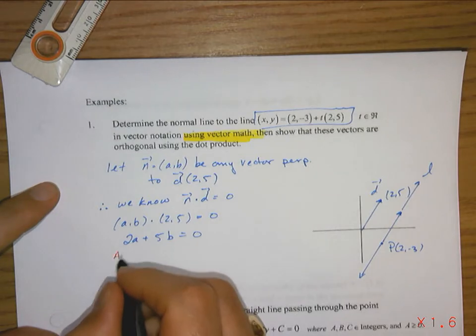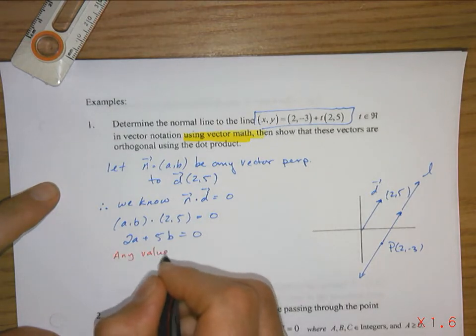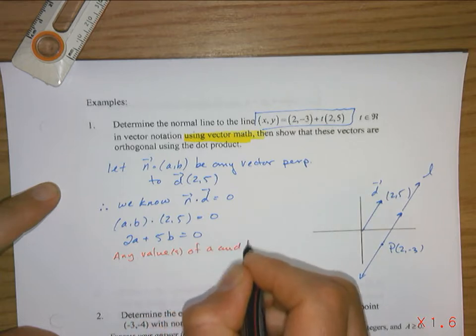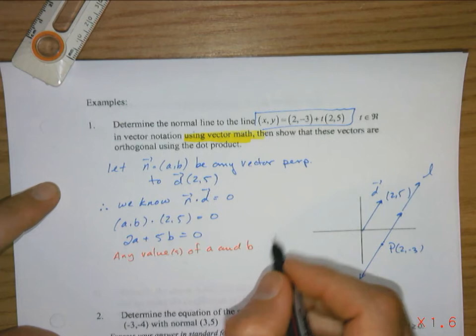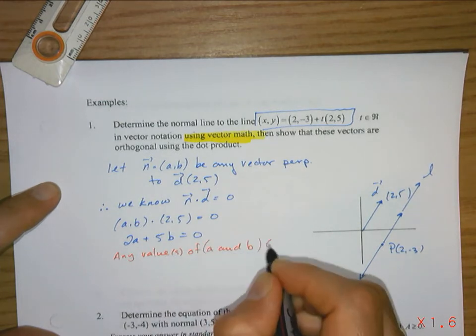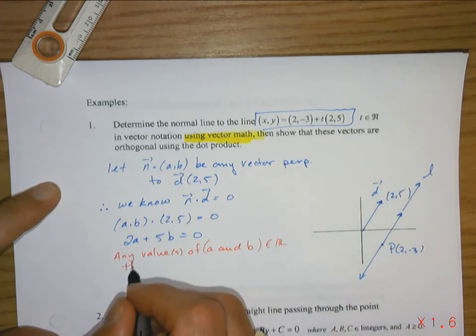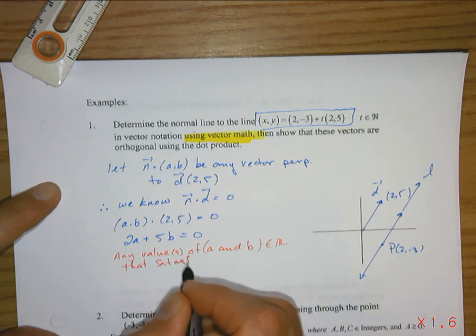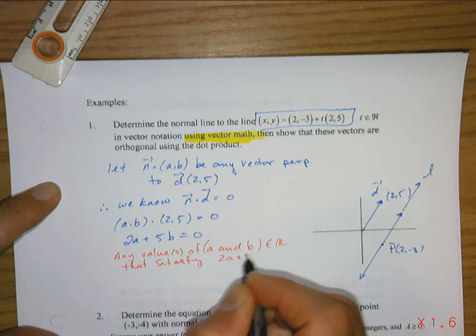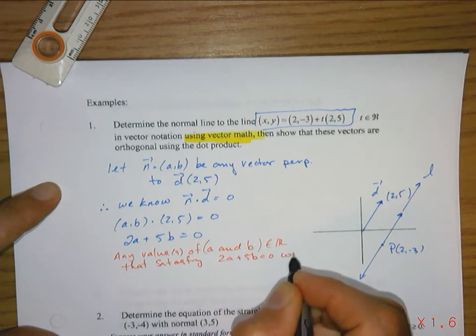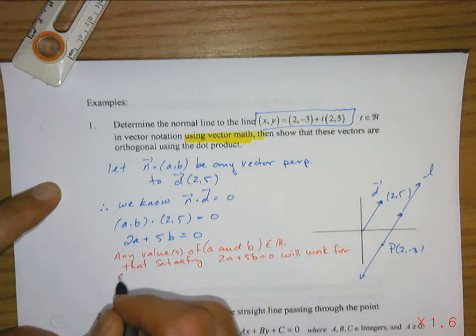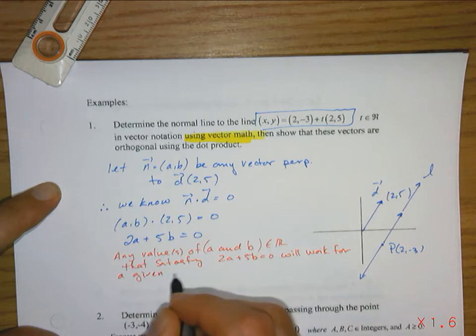Any values of a and b, and they are scalars, that satisfy 2a plus 5b equals 0 will work for a given normal vector.